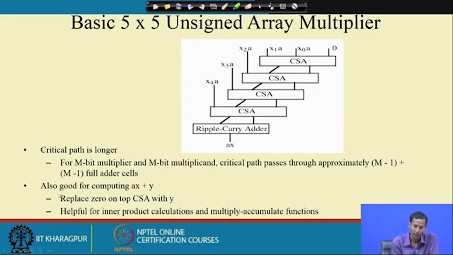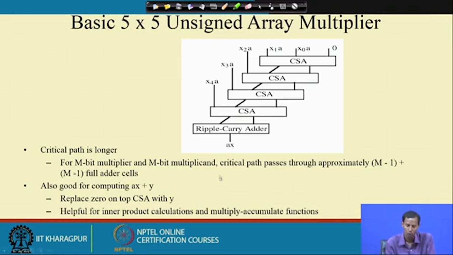Okay. But it can be a good solution for computing Ax plus y. How to do that, we will see later in this slide.